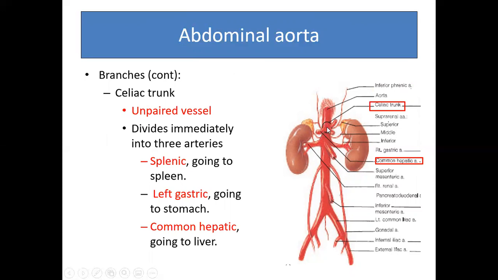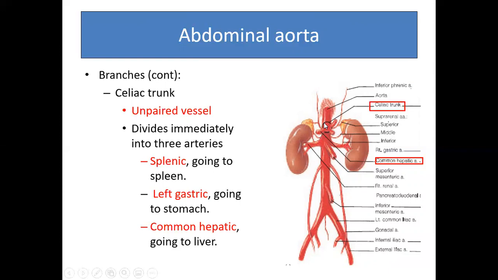The celiac trunk or celiac artery is an unpaired vessel, a single vessel. It divides immediately into three important vessels: the left gastric artery going to the stomach, the splenic artery, and the common hepatic artery going to the liver.